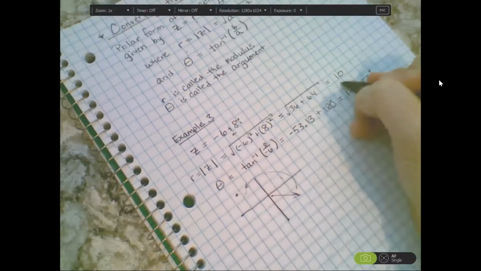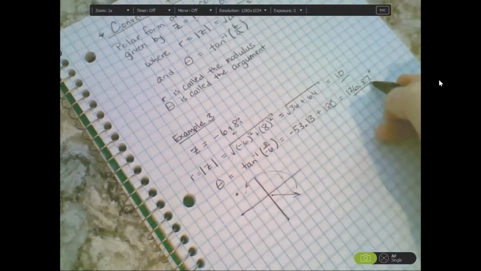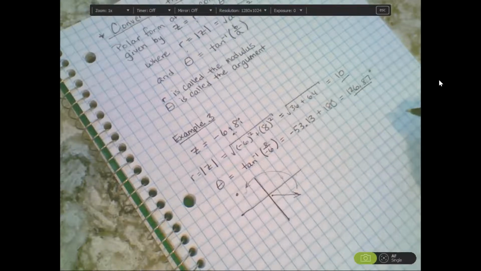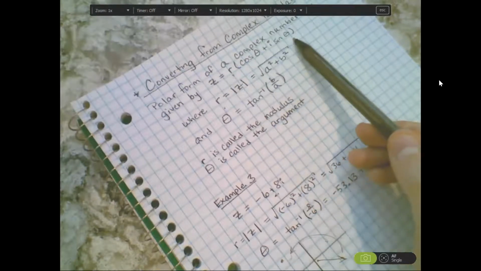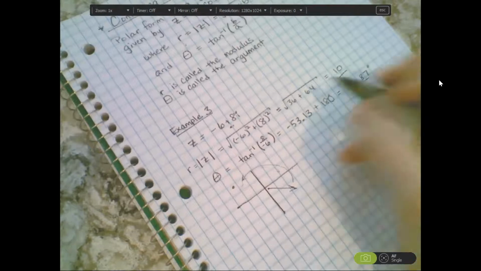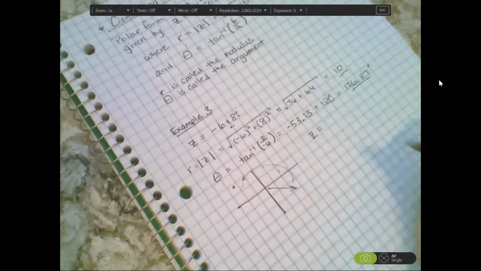So my R value is 10. My angle is 126.87. And so I have to take those two things and put them into this form right here. So my new number is going to look like this.